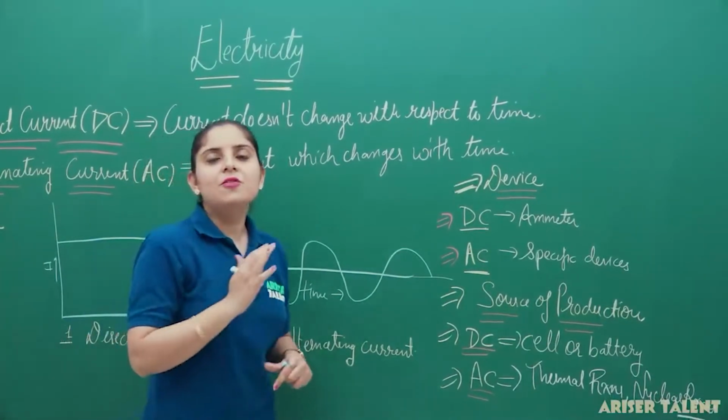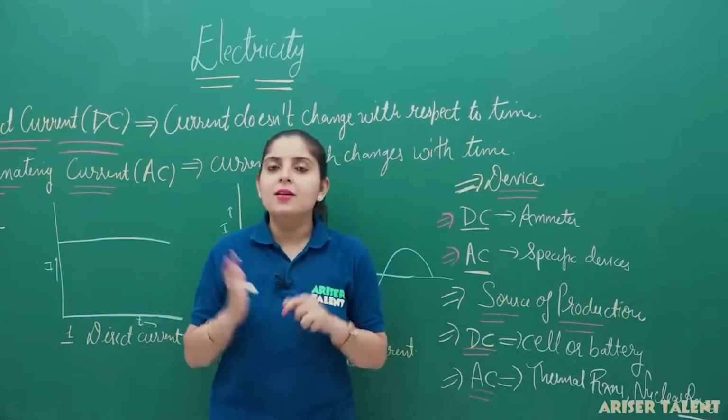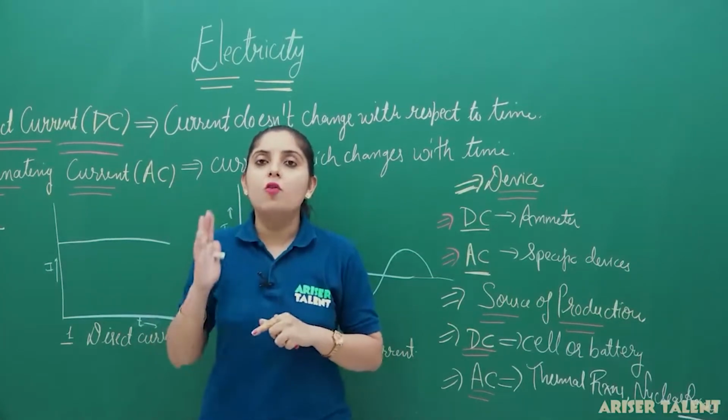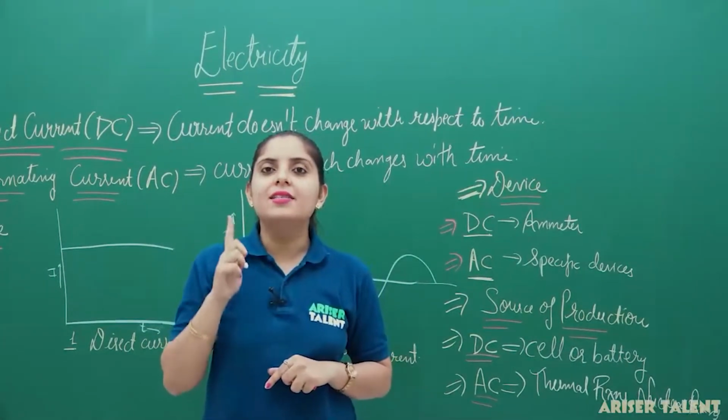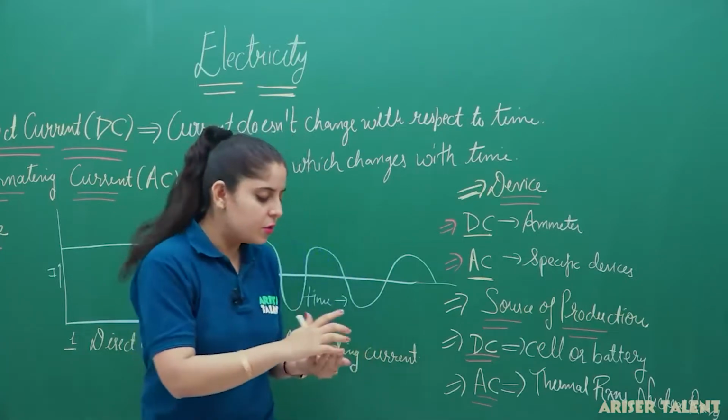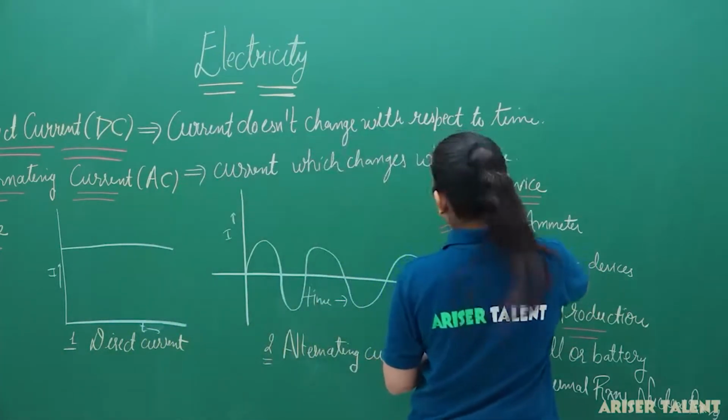Now, the last difference between AC and DC is that DC current is the base of electronics and AC current is the base of electricity.